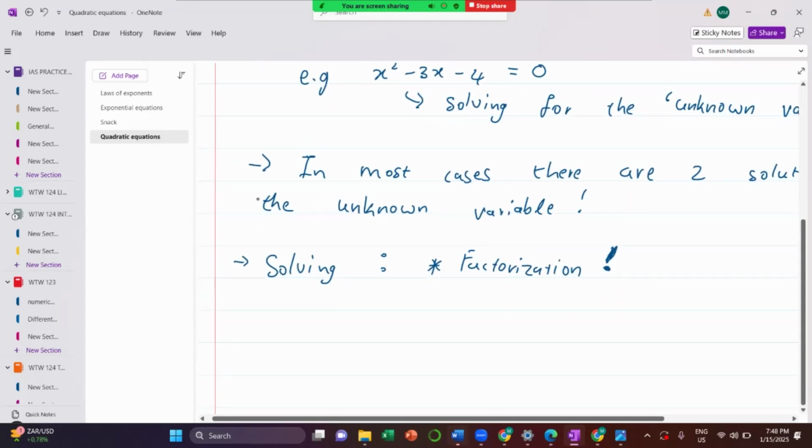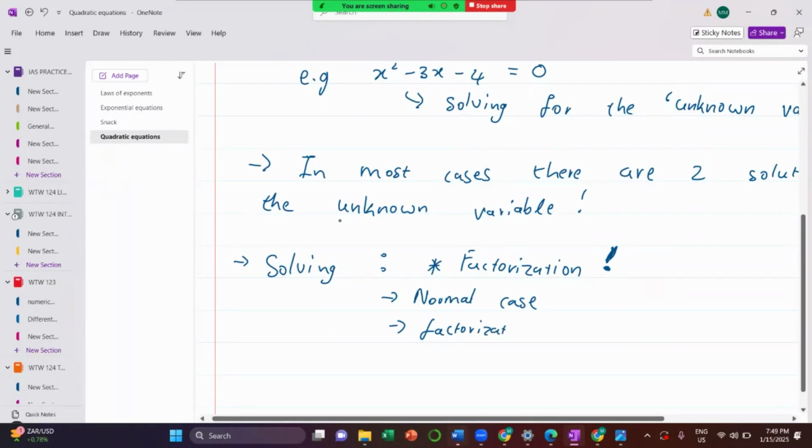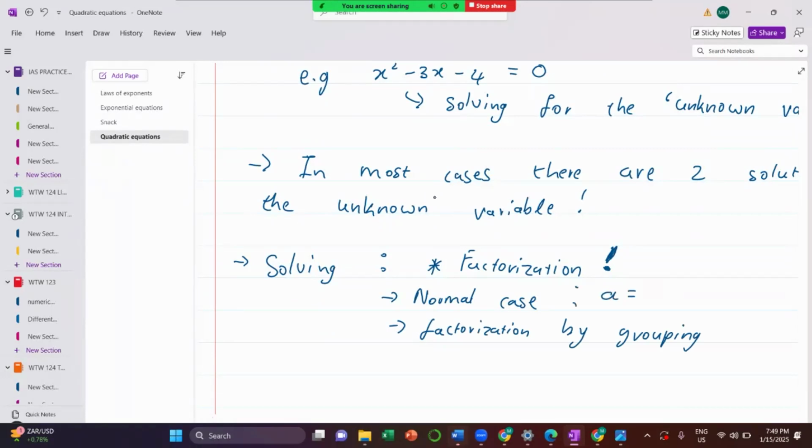And then factorization has a number of techniques, but there's the normal case, and then there's factorization by grouping. The normal case we normally use when the value of a is equal to 1 or equal to -1.